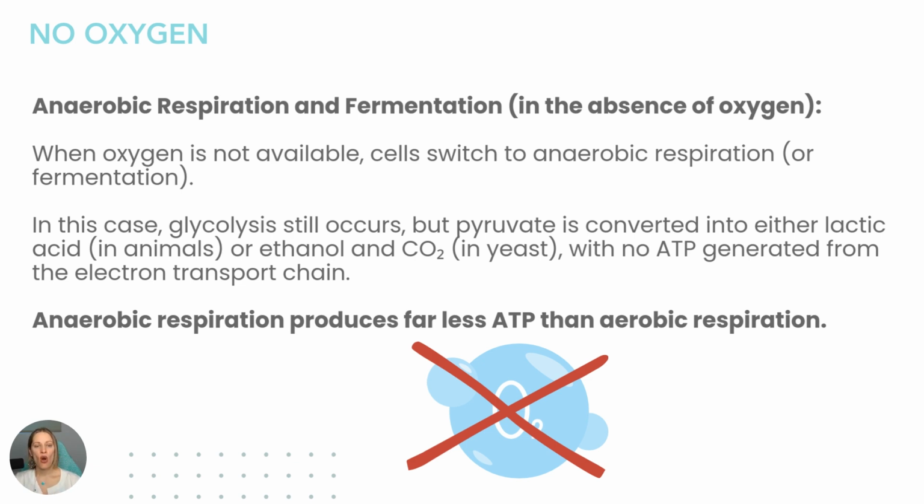So, again, when no oxygen is available, cells have to switch to anaerobic respiration. No ATP is going to be generated as there usually is in the electron transport chain. So, anaerobic respiration produces far less ATP than aerobic respiration.